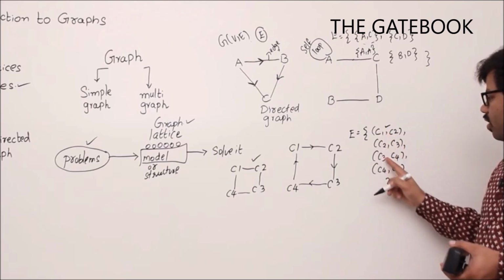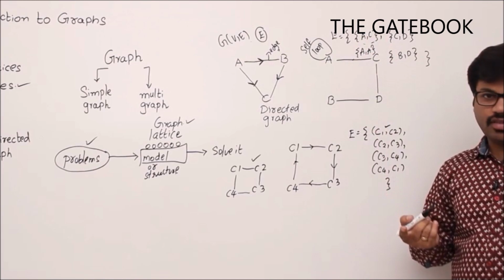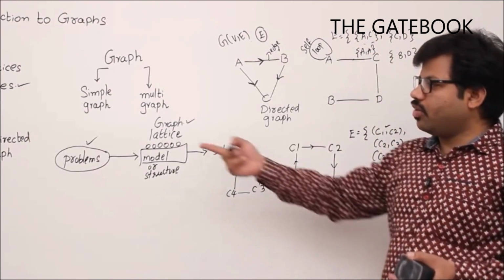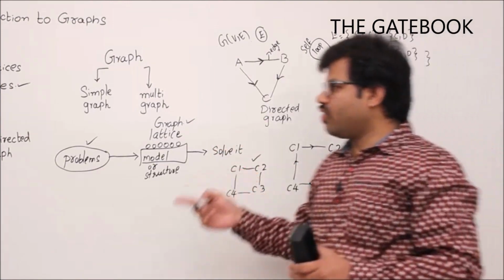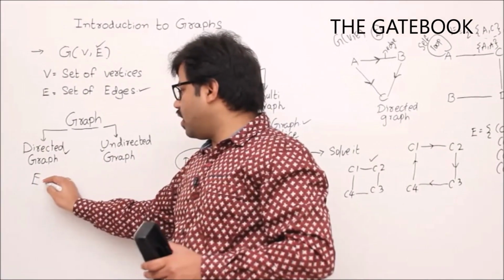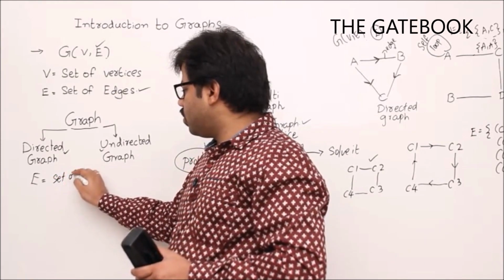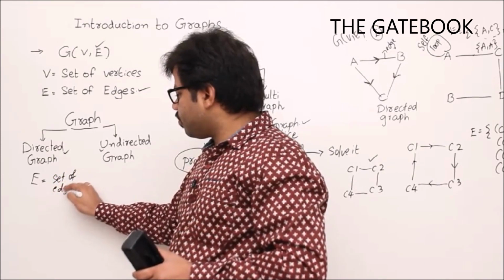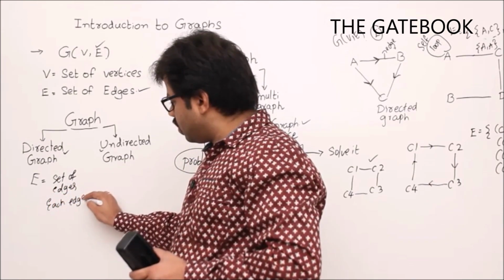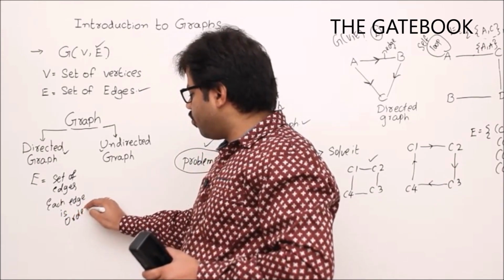Okay. If it is a set of ordered pairs, it is a directed graph. If it is a set of sets of two elements, then that will become an undirected graph. So in that way we can formally define directed graphs and undirected graphs. Here simply mention that E equals the set of edges, where each edge is an ordered pair.